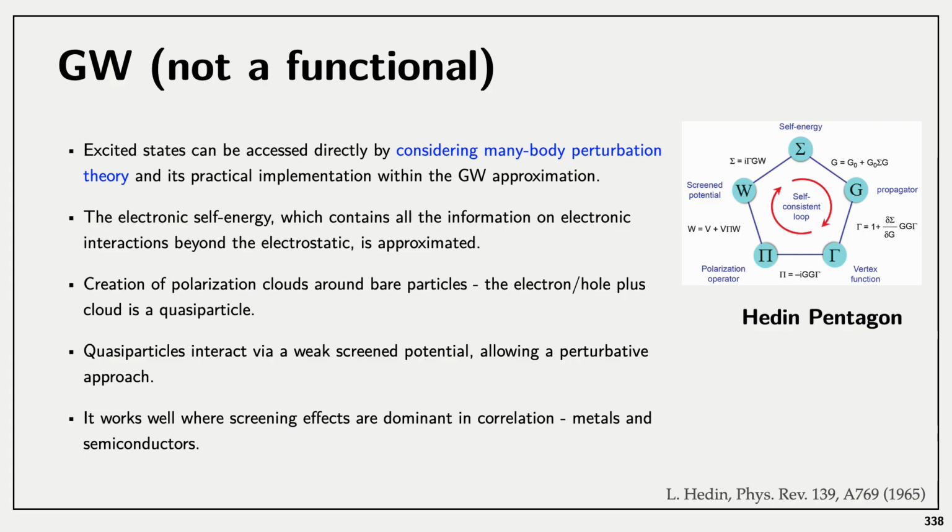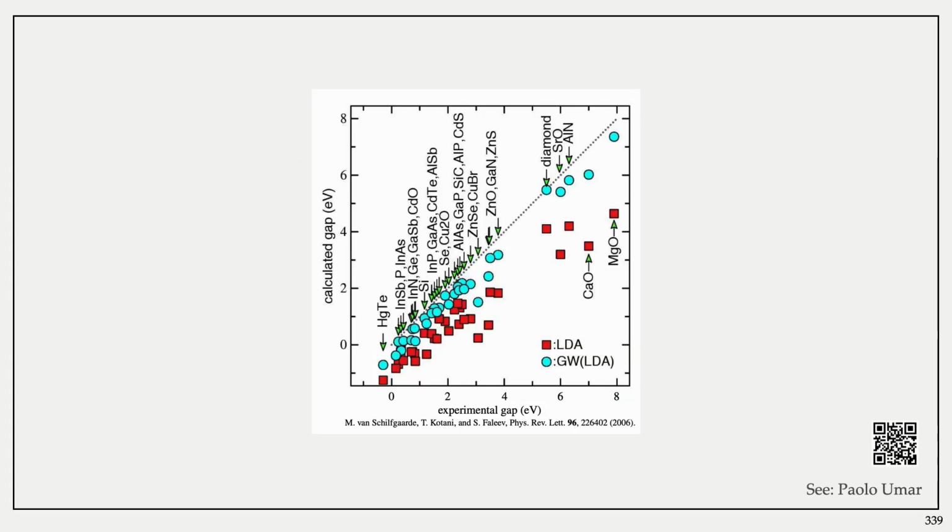I hope that's clear. On this slide, I'm showing two things. The first one is that the band gap in GW is really good, and the physics is well encapsulated and certainly improved compared to LDA. These are just some examples, and you can find many examples where GW gives you almost the exact band gap.